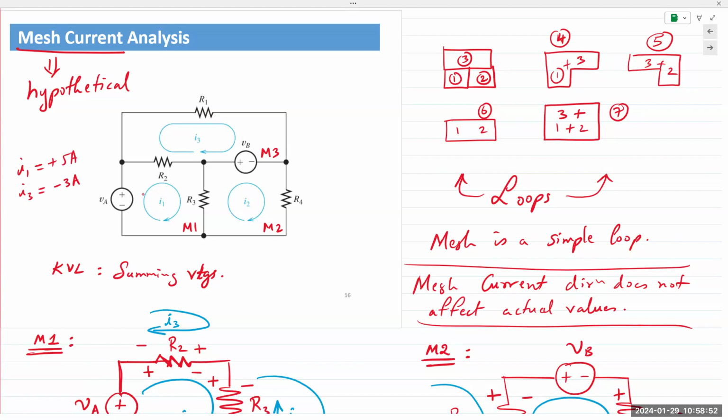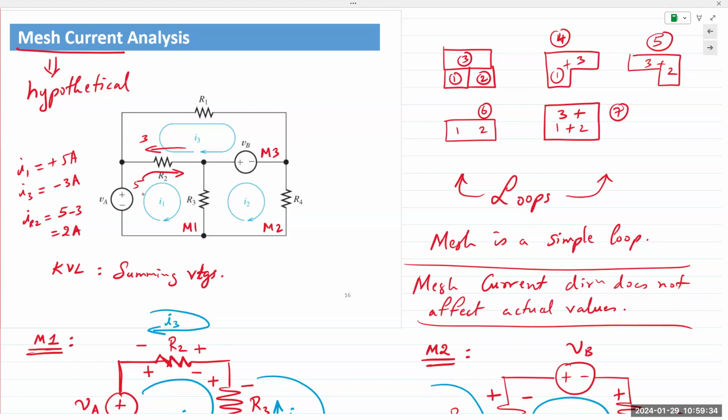Which direction is the current actually flowing through the resistor R2? The direction of I1. Absolutely. So I1 is going this direction, I3 is going this direction. This is 5, this is 3. Both of them going in the opposite directions. So whichever has the higher value, that's the direction of the actual current. So my answer for IR2 would actually be 5 minus 3, which is 2 amps. Does that answer your question?